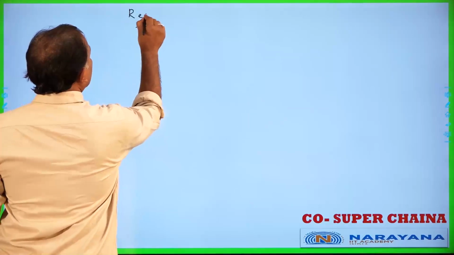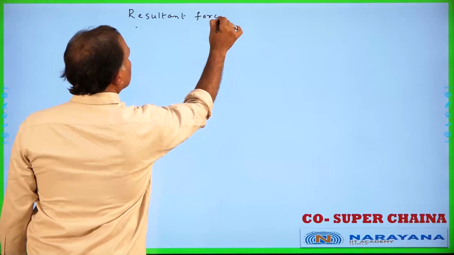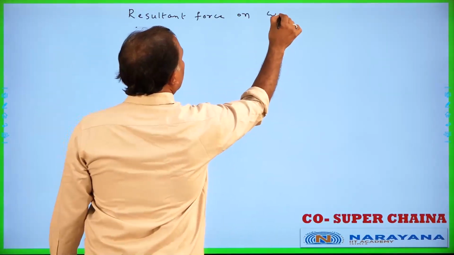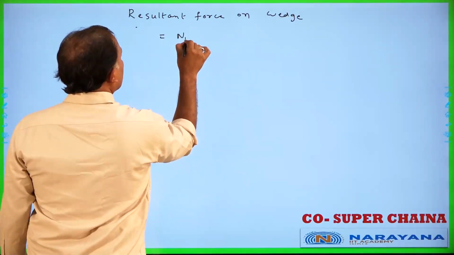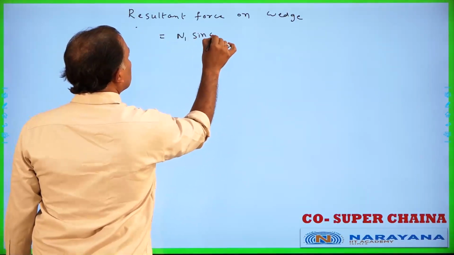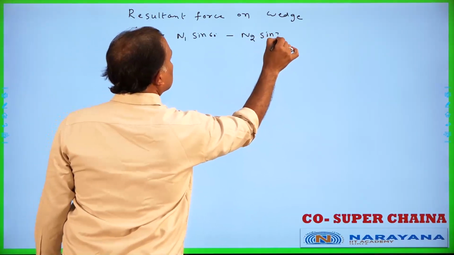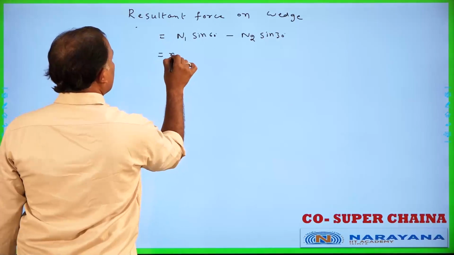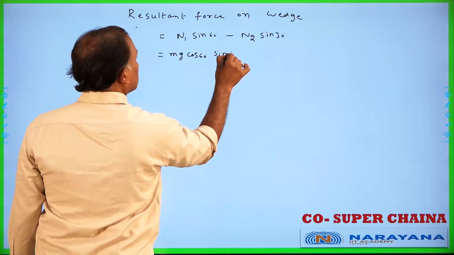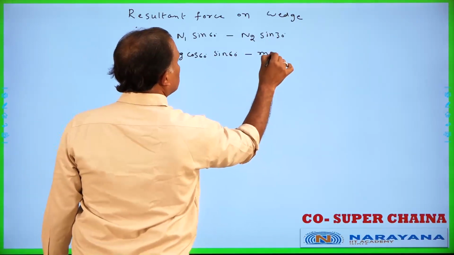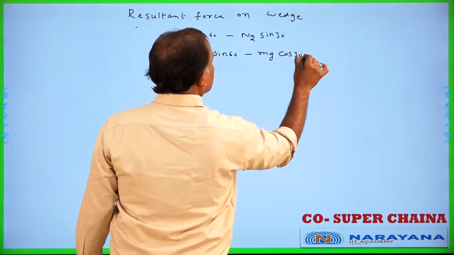So the resultant force on the wedge is F equal to N1 sin 60 minus N2 sin 30. That is mg cos 60 sin 60 minus mg cos 30 sin 30.